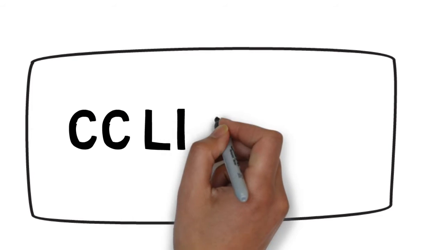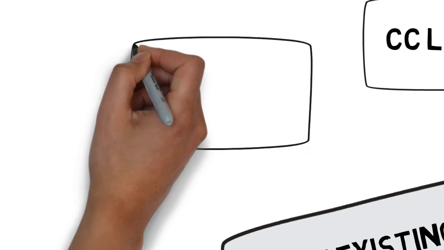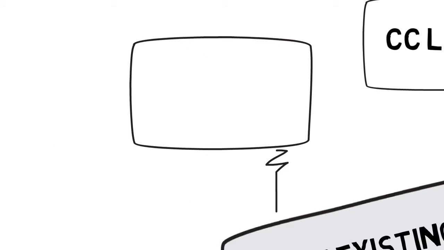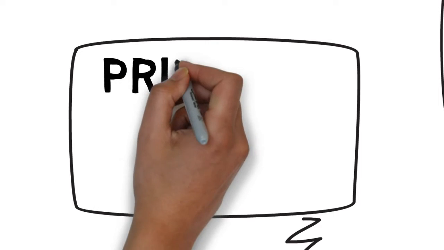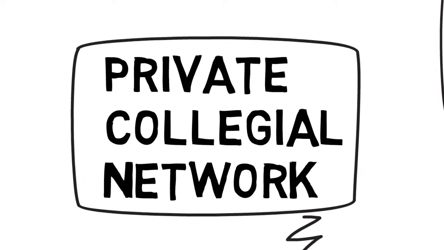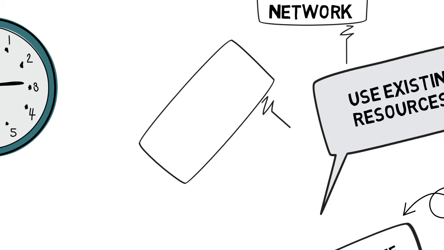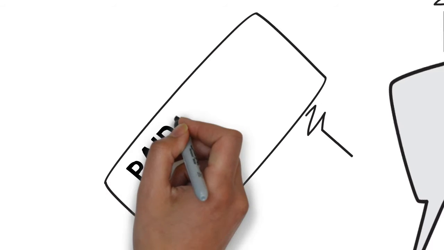Of course, CC license is a big topic of conversation right now. We have explicit open access because they've chosen to license it for as wide a use as possible. And you've also mentioned private collegial networks as another option that's available to us for sharing.